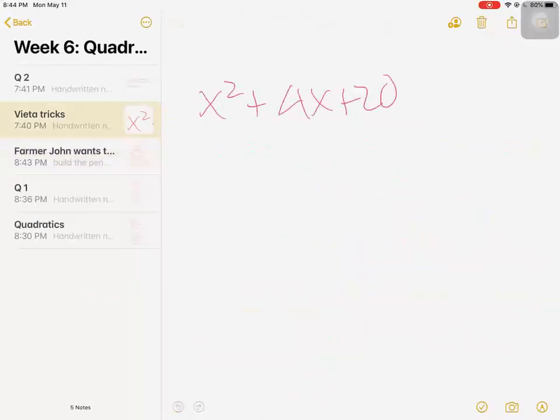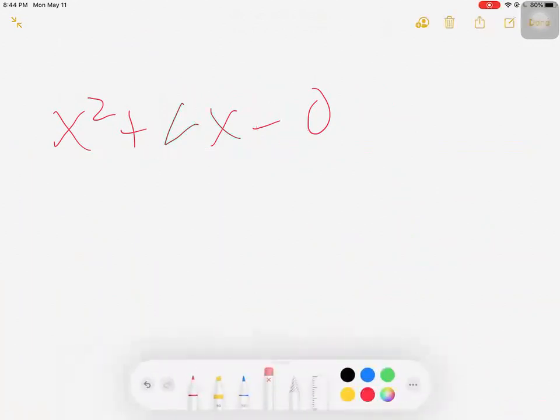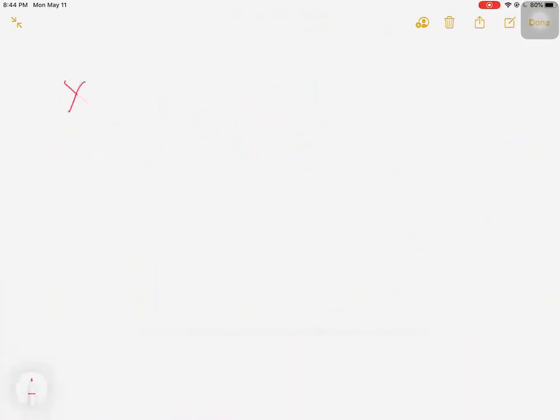And now we're going to go over some Vieta's tricks. Actually, this is kind of messy. I'm going to rewrite it because it looks bad. So given we have a quadratic, let's just say it's x squared plus 4x plus 20, and it has two roots, which are r1 and r2.